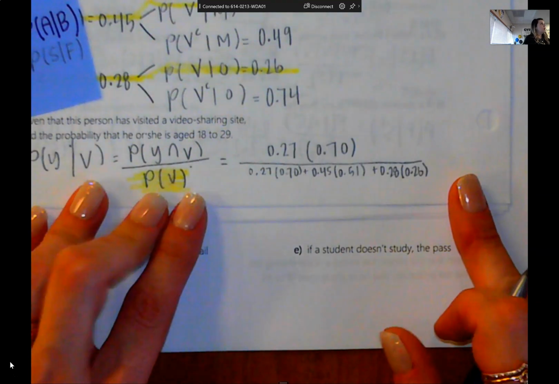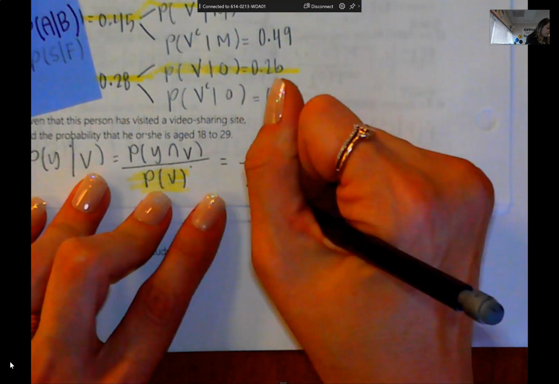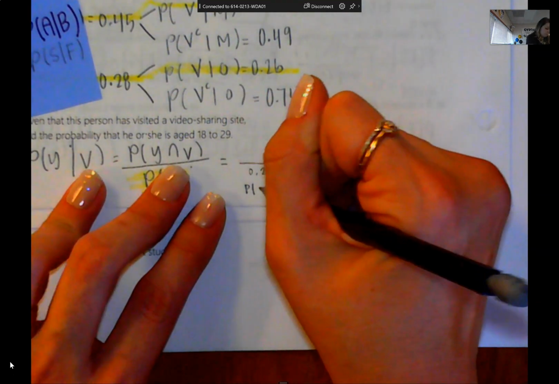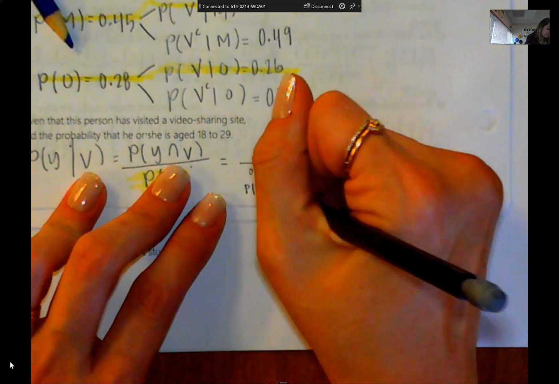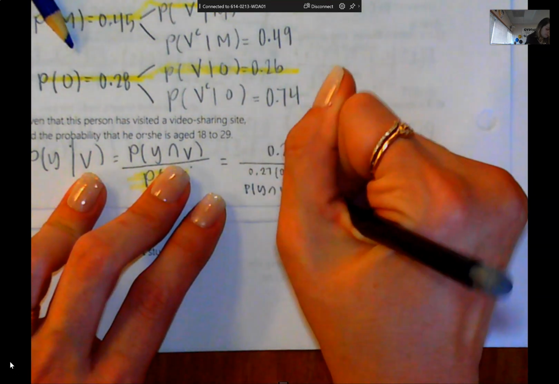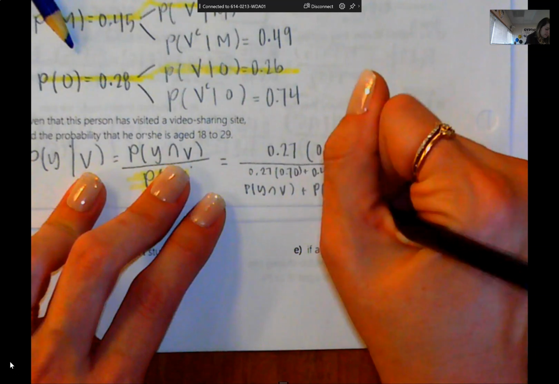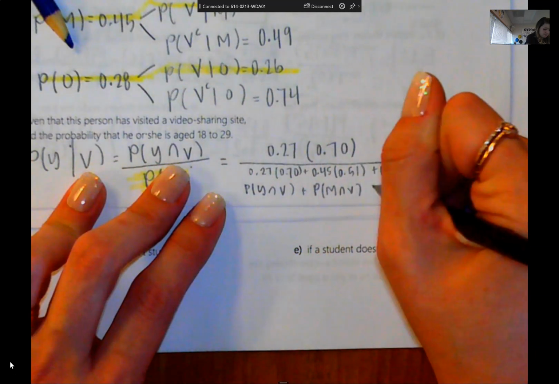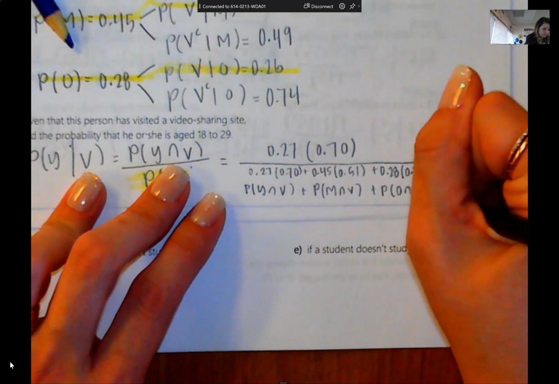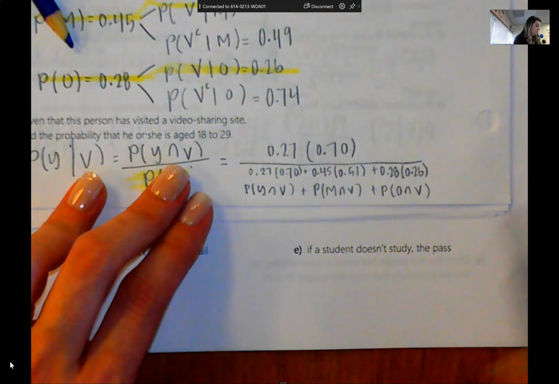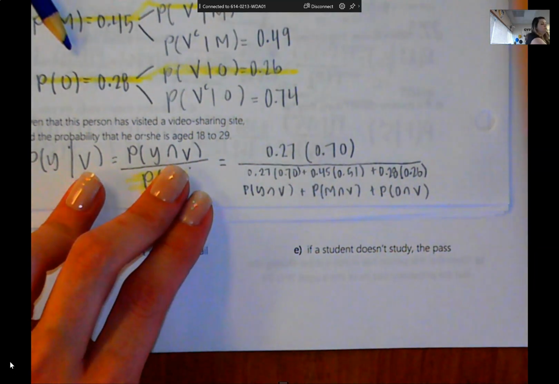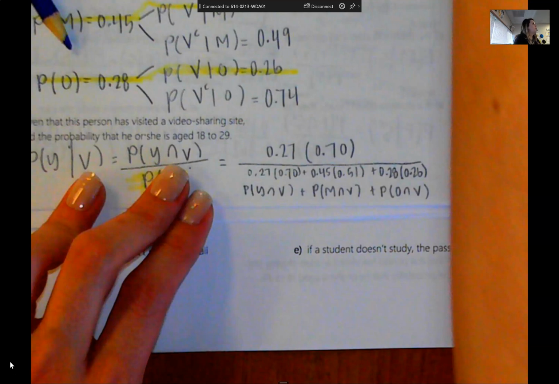Because those are all of the intersections. This is young and visited. This is middle age and visited. This is oldie moldy and visited. So to find P of V, you have to pull all of the intersections that have V.